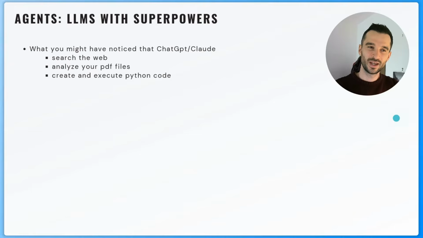But there's something interesting going on during the last months. And you maybe noticed this, that ChatGPT and Claude have some kind of new capabilities. For example, ChatGPT can search the web for you, and both of them can also analyze your PDF files and create and execute Python code.